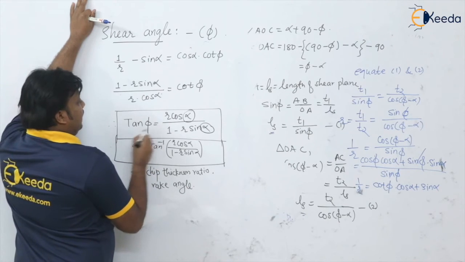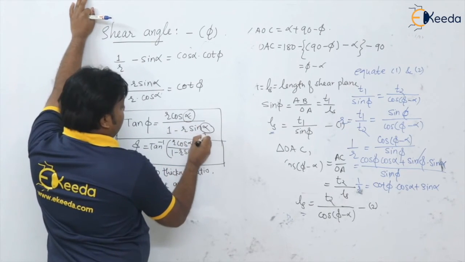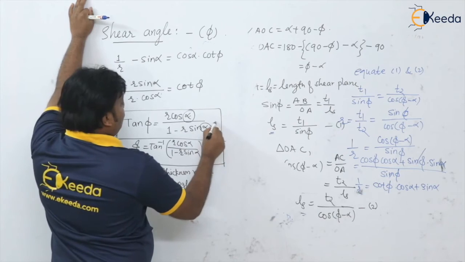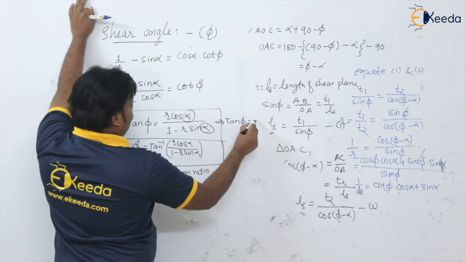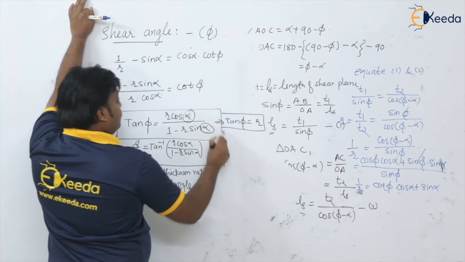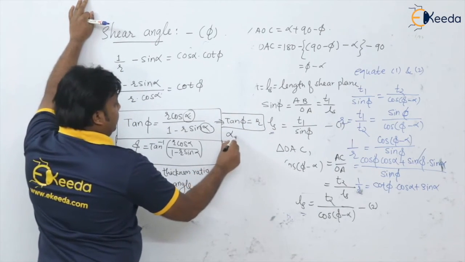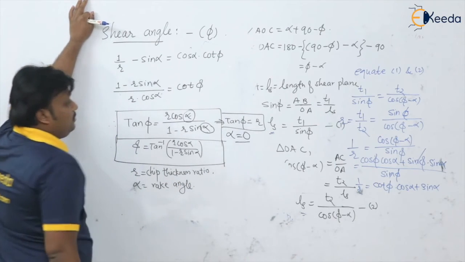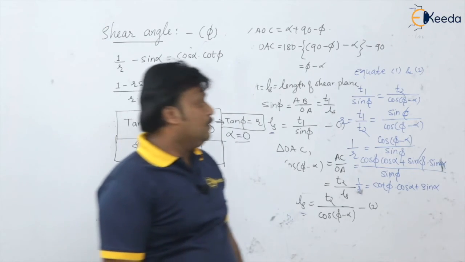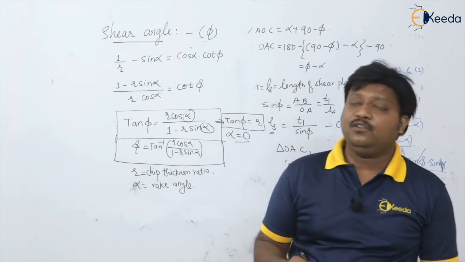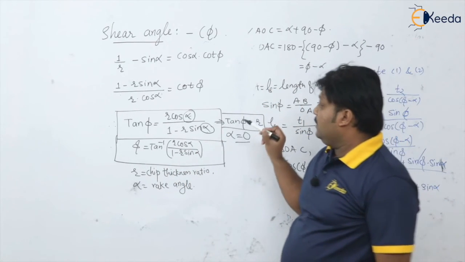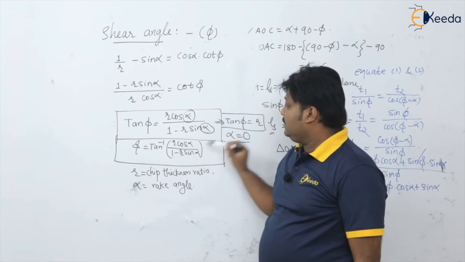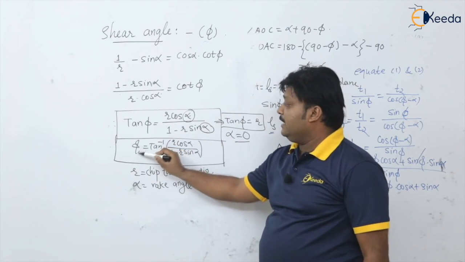That is tan phi is equal to, with cos 0 as 1 and sin 0 as 0, tan of phi is equal to R only. Okay, when the back rake or rake angle is equal to 0. Isn't it? So this is the formula, a very important formula for numerical purposes. Many times we require this first, the value of shear angle phi.